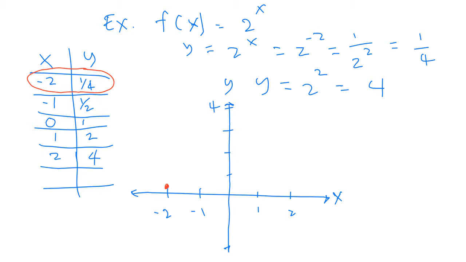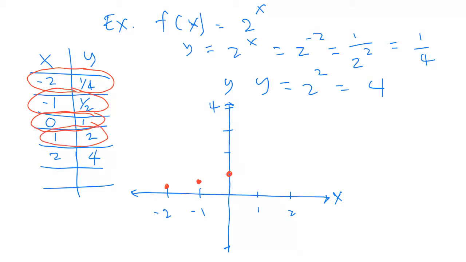So that should be somewhere here, -2, 1/4. And then the next ordered pair is -1, 1/2. So that's a little bit up with the first point. So -1, 1/2, and then we have the y-intercept. So we don't have an x-intercept here because the curve is just approaching the x-axis, but we do have the y-intercept. That's 0, 1, so that should be here.